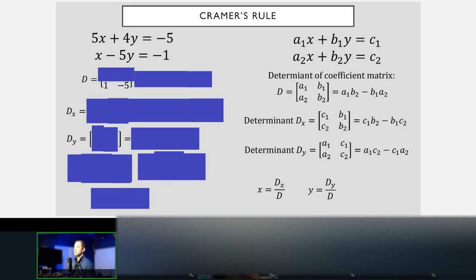All right, our first matrix. Did we all set it up correctly? Good. All right, our d sub x, determinant of d sub x. Did we all set it up correctly?